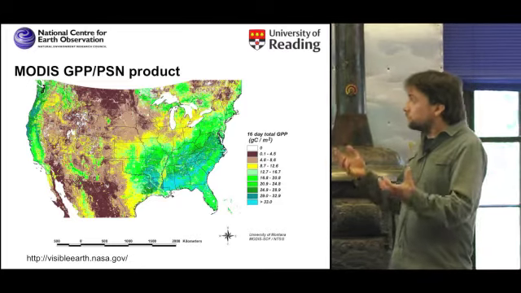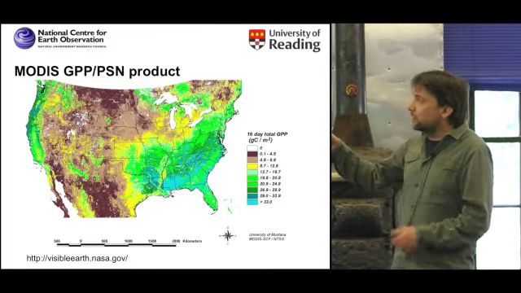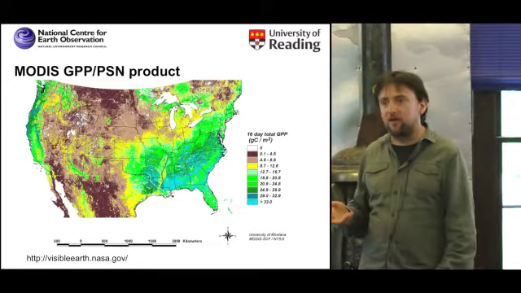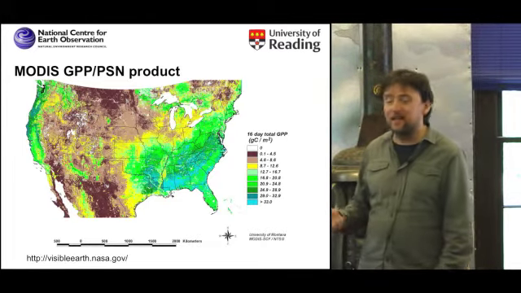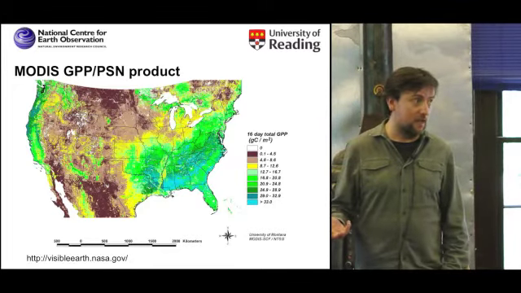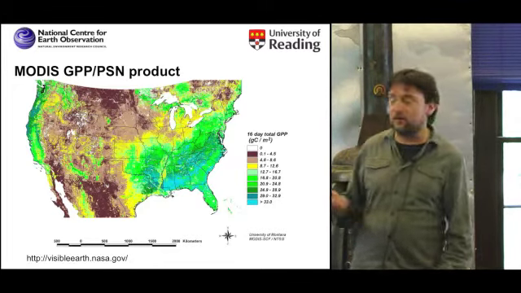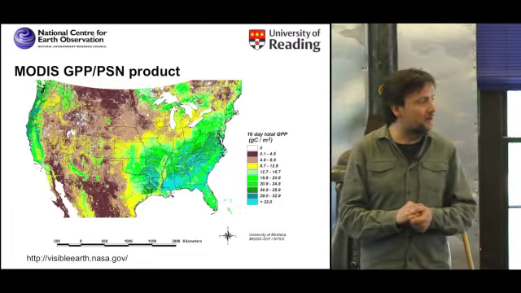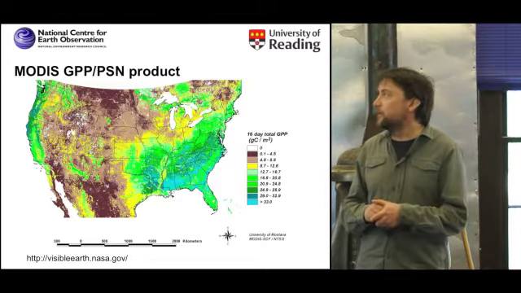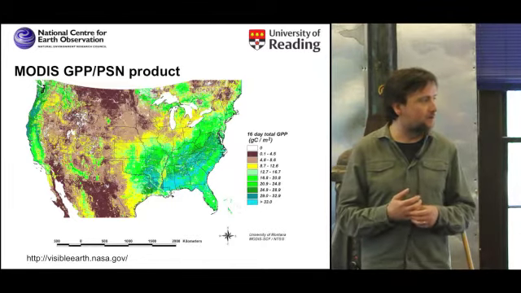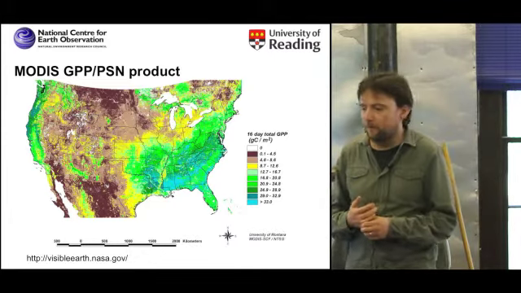So if you're looking at broad spatial patterns and temporal patterns of photosynthesis, it looks pretty believable, actually. In some ways, this smooths out some of the problems with the leaf area index product. But of course, really what we're interested in is whether or not it gets the magnitudes correct.